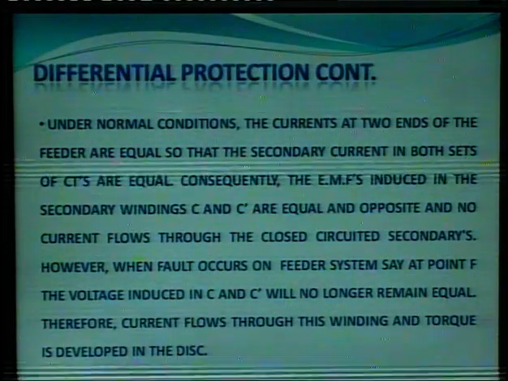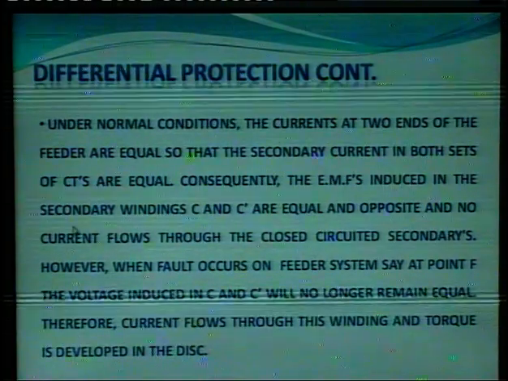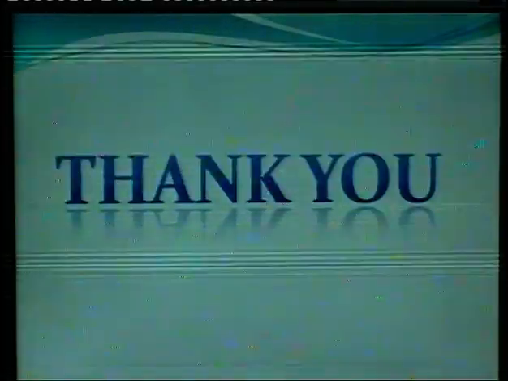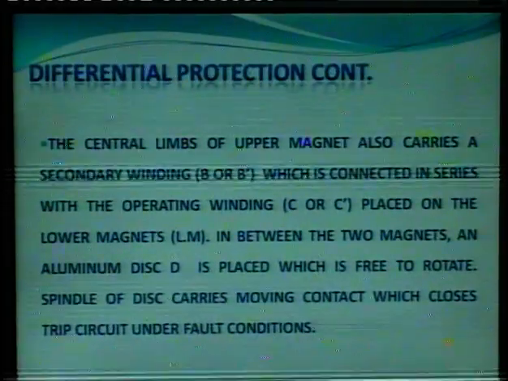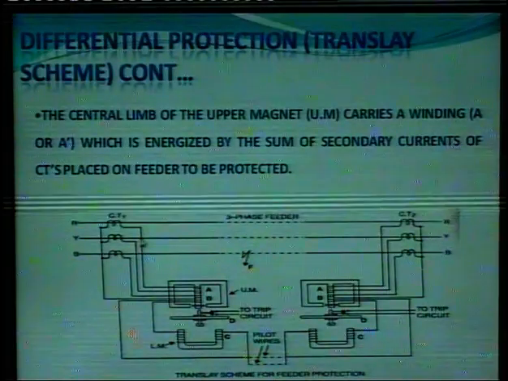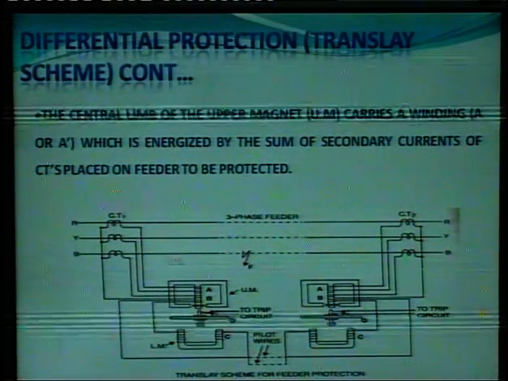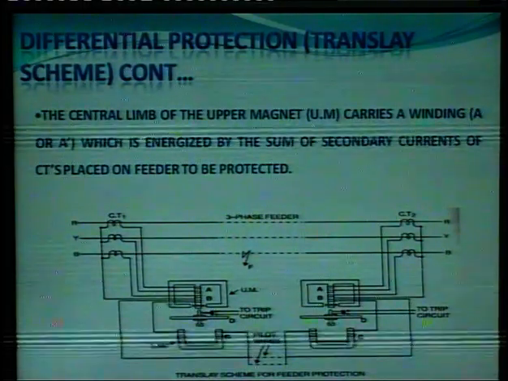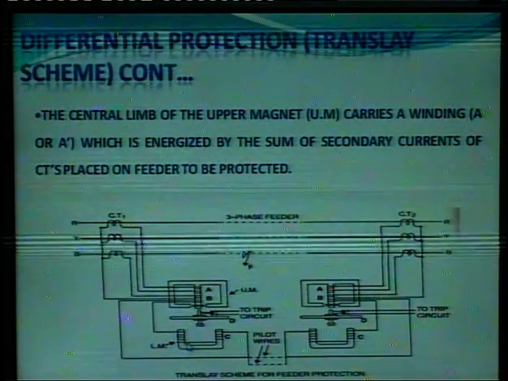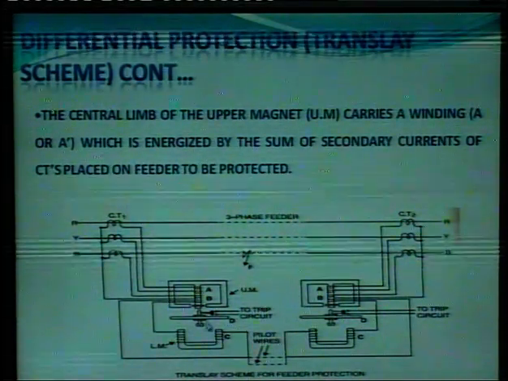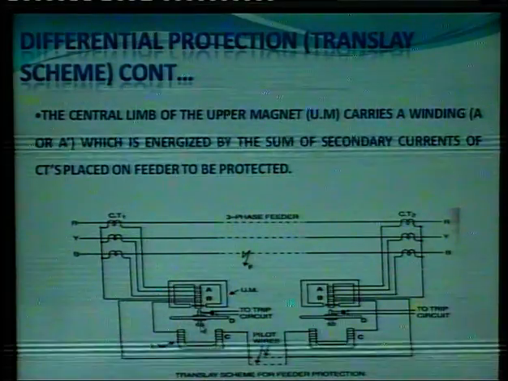Consequently, the EMFs induced in the secondary windings C and C dash are equal. So during the normal condition, the incoming current from this CT must equal the outgoing current. It means the windings B and C dash will have the same amount of current. Therefore, no EMF gets induced in this disc.